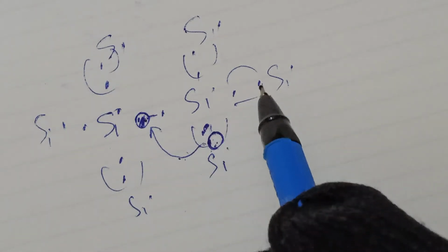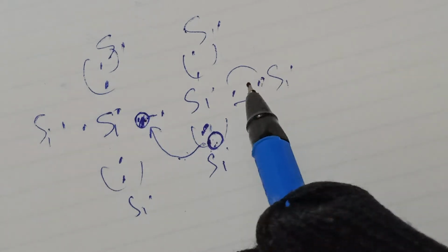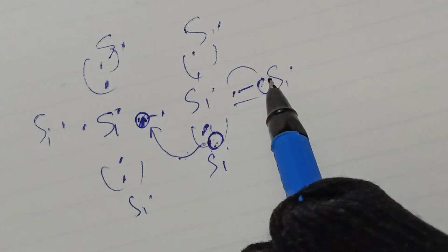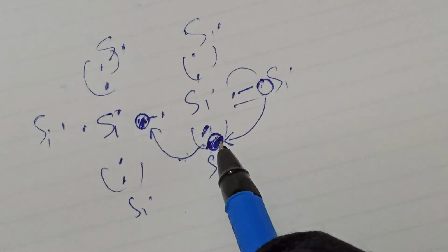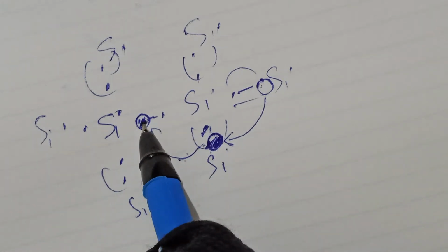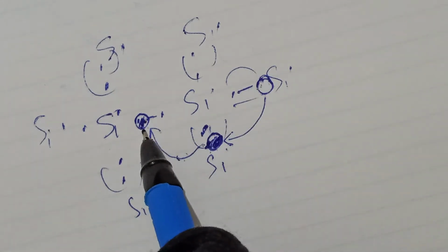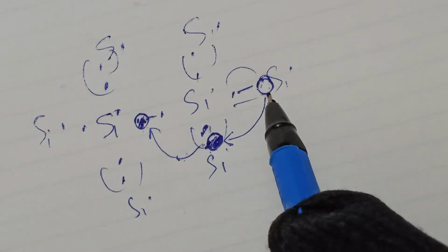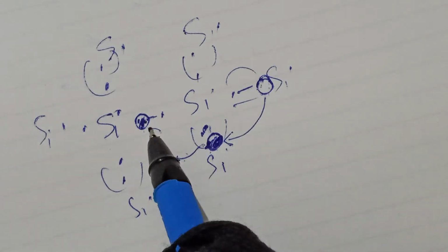Similarly, if this electron does this, it will break its bond from here and make its bond at this position. So the hole which was available at this position is now shifted to this position, and in this manner the hole is shifted from this to this, or we can say electrons are shifted from this position to this position.